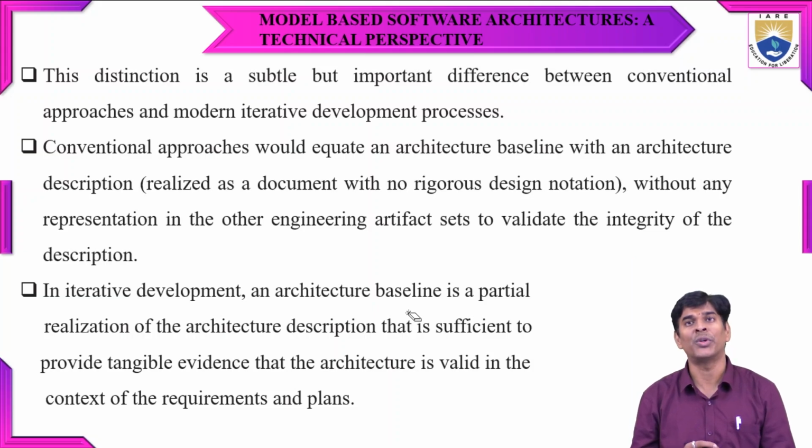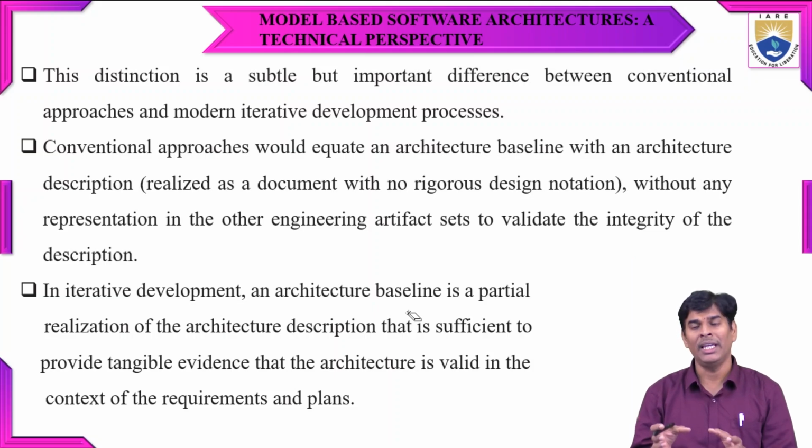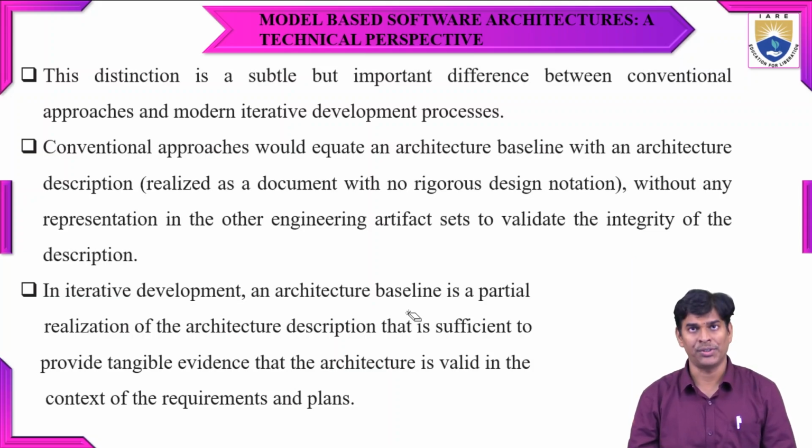Whereas in the modern iterative development process, mainly they check by having inspections in each and every quarter. So the modern iterative process will be very efficient, with sufficient evidence to achieve the software architecture.